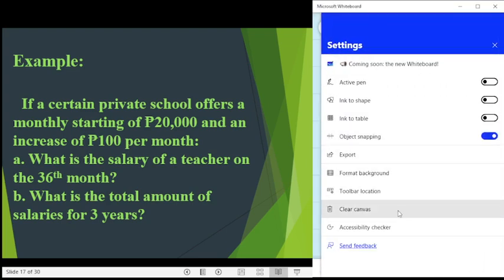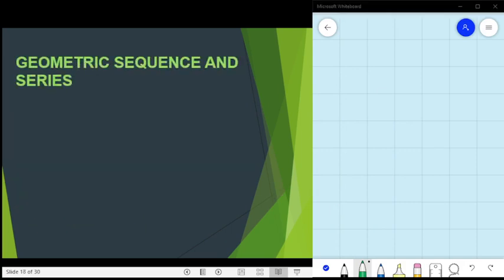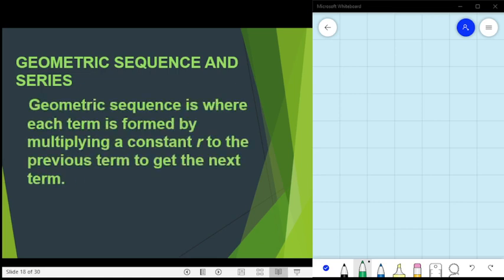Okay, so the next one is the geometric sequence and series. A geometric sequence is where each term is formed by multiplying the previous term by a constant r to get the next term.